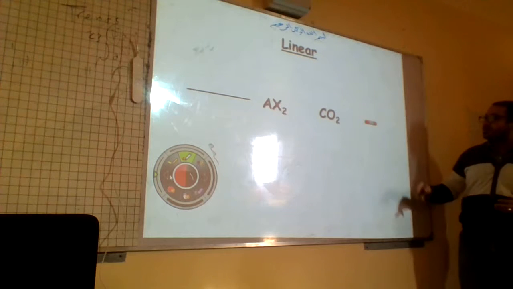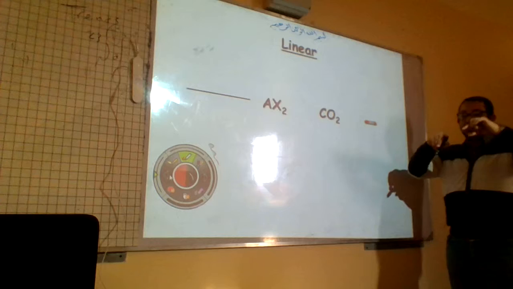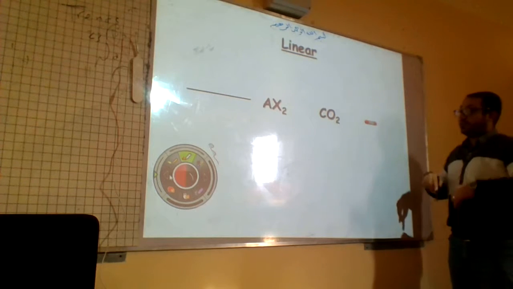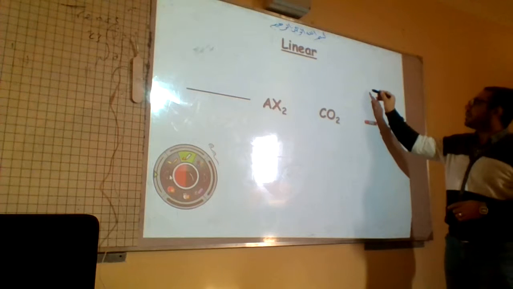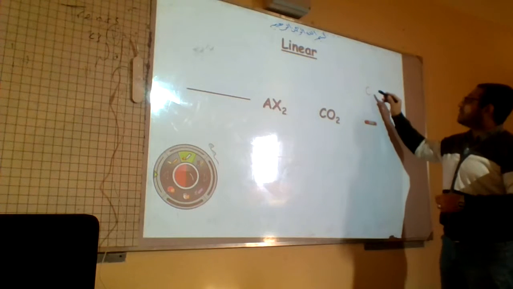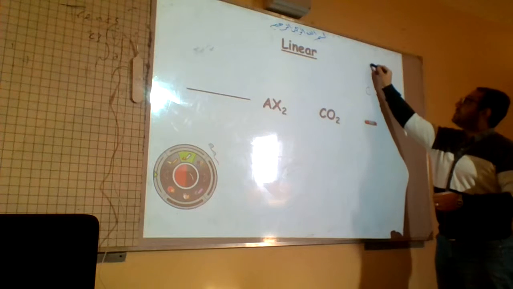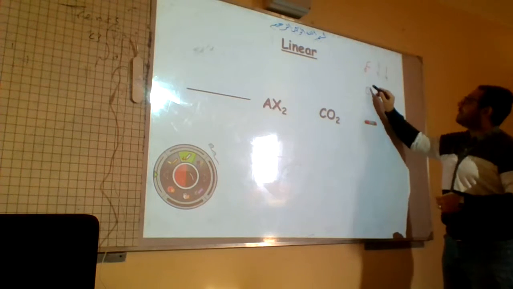If you look at carbon dioxide, it is a planar or linear compound. Where do I get this shape from? Firstly, look at the structure of carbon dioxide. Carbon has atomic number 6, so 2 and 4: 4 electrons in the outer shell.